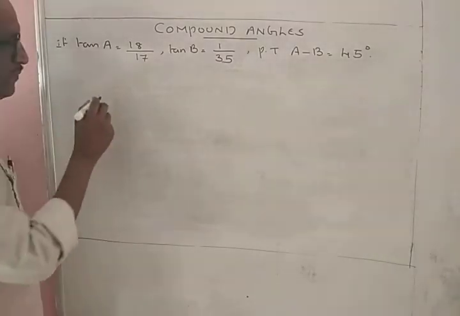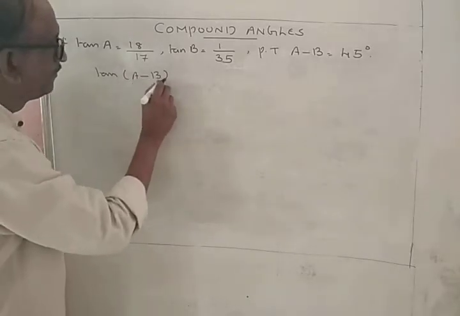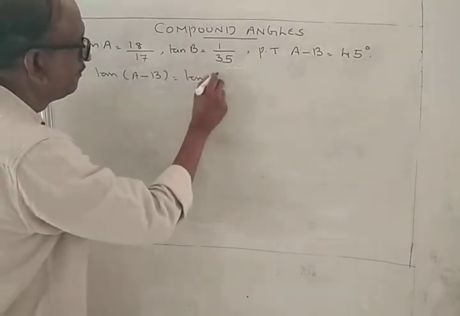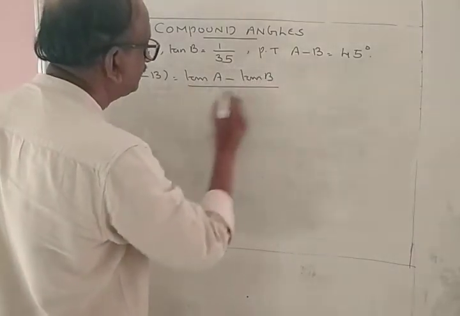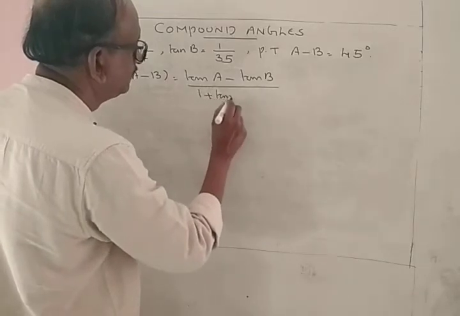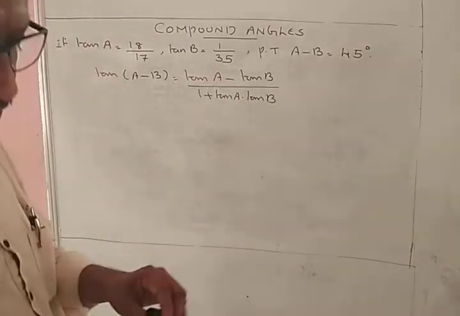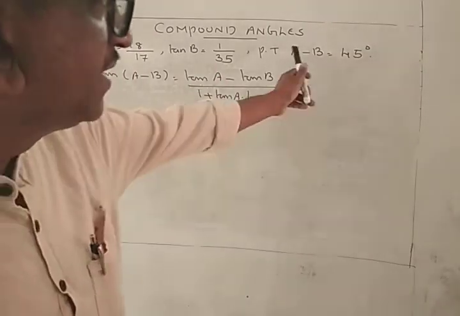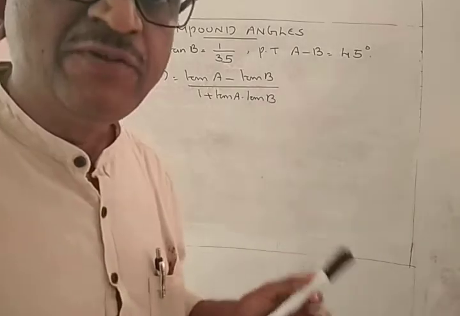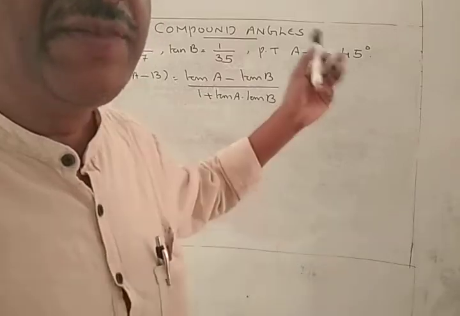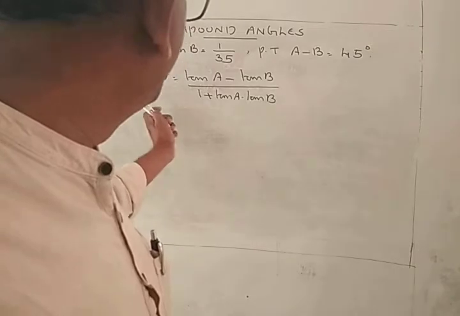Take tan A minus B. Here our aim is to prove that A minus B is equal to 45 degree. We know that tan 45 is equal to 1. Therefore, if tan A minus B is equal to 1, then A minus B is equal to 45 degree. Therefore, take tan A minus B.